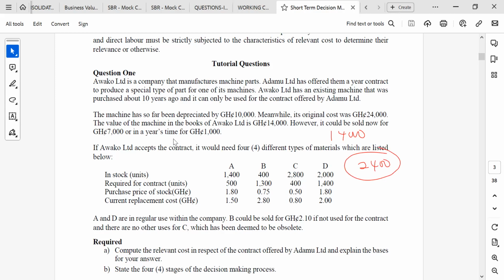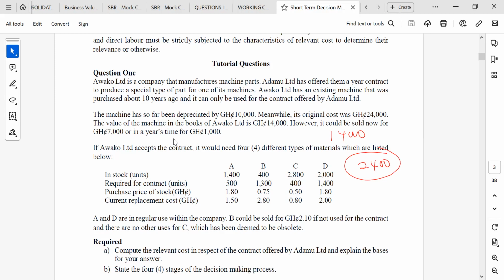So if we use the machine this year, we are going to be enjoying 2,400.